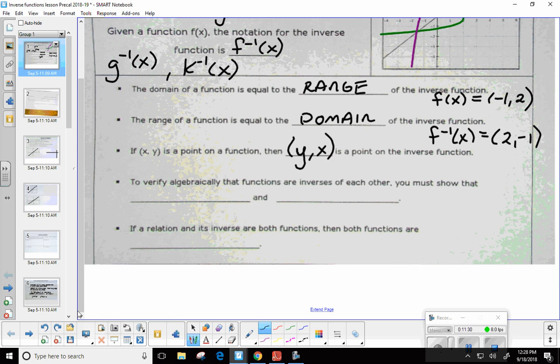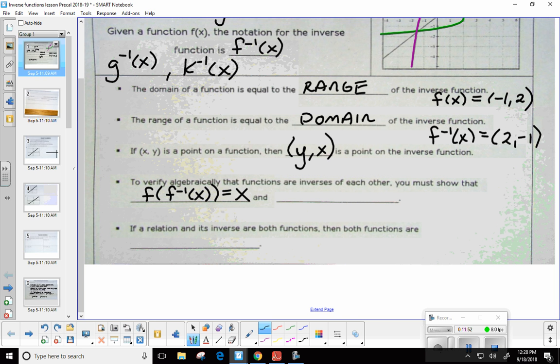To verify algebraically that functions are inverses of each other, you must show that... Does anybody remember this? And this is why we did the previous lesson over compositions. We've got to do this: f of f inverse of x would equal x.